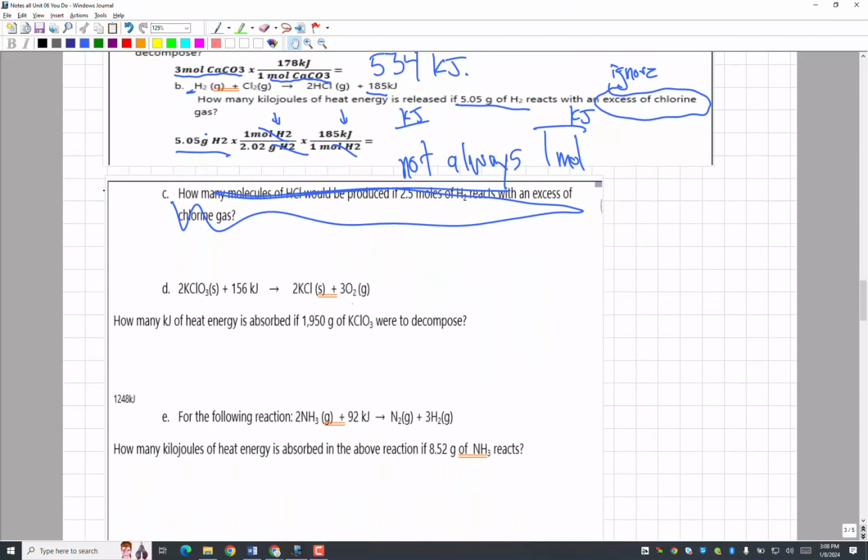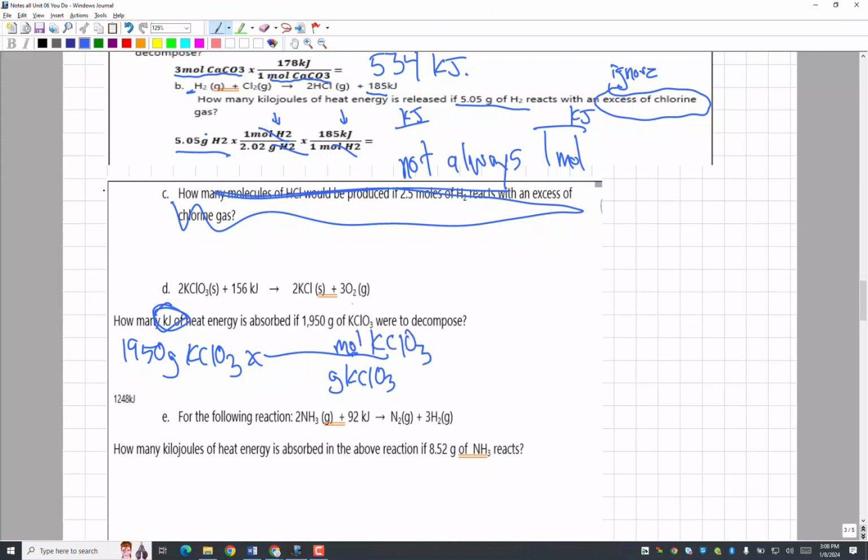How many kilojoules of heat is absorbed if 1,950 grams of KClO3 were to decompose? 1,950 grams of KClO3, and I'm looking for kilojoules. So, given unit is grams, I hate you, grams of KClO3. And I want to go into kilojoules, but I have to go through moles.